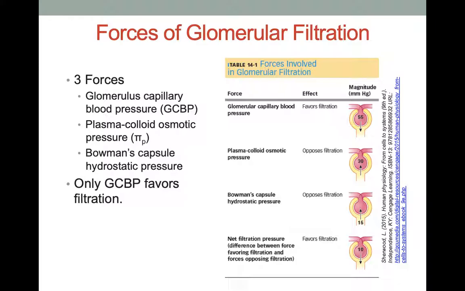Okay, the second force here is the plasma colloid osmotic pressure. This is caused by an unequal distribution of plasma proteins across the glomerular membrane. Those plasma proteins aren't typically filtered, so they're in the glomerular capillaries, but they're not in the Bowman's capsule.